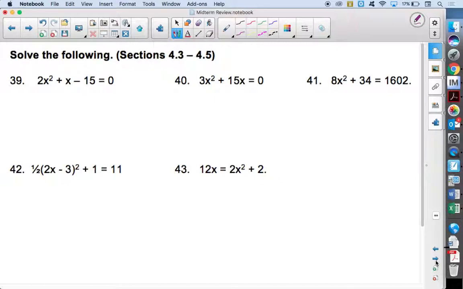So 39 and 40 you would factor. 41 and 42, you're isolating the x squared, just like we isolated the radical in the chapter we just finished. So 41 and 42, you need to isolate the x squared.